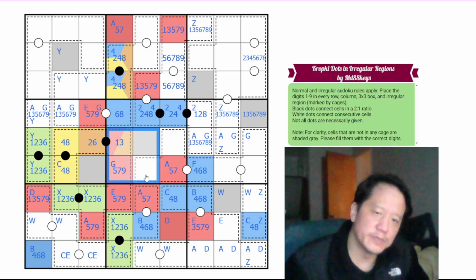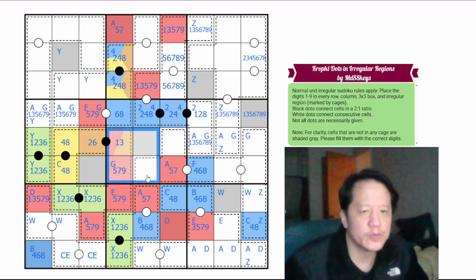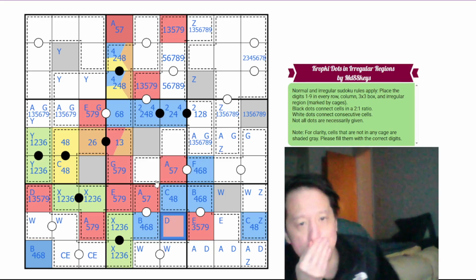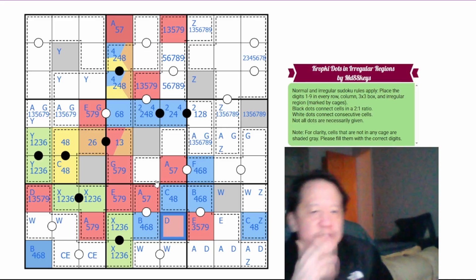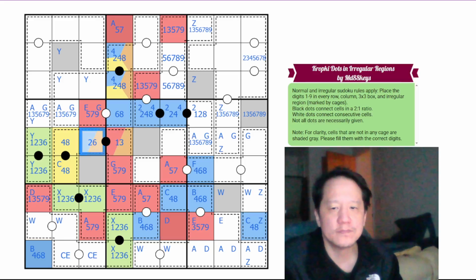D could be the same as G. It's one of these 4, but we don't know which. This is an even digit.